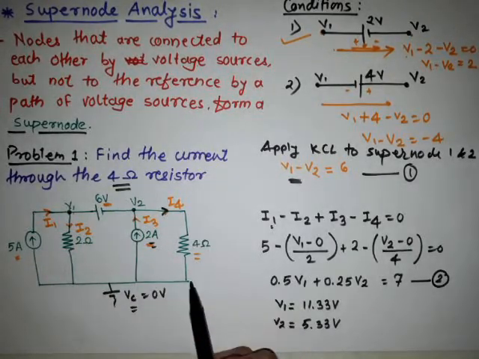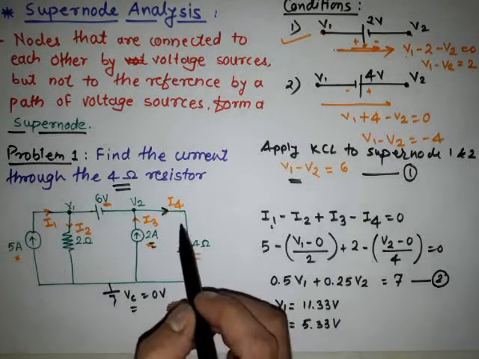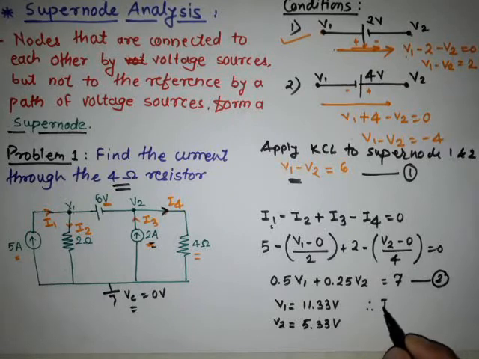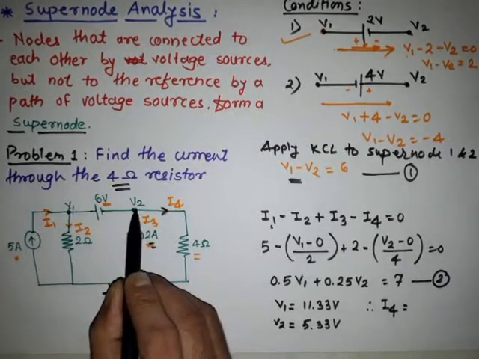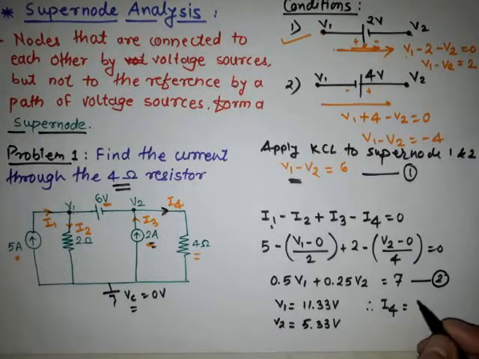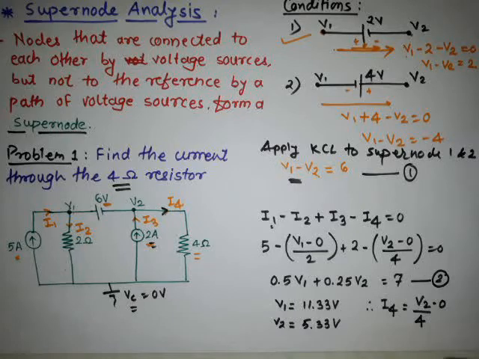That means current through 4 ohm resistor, and here we have considered the current through 4 ohm resistor is I4. So therefore current through a 4 ohm resistor is equal to, simply, initial voltage minus final voltage divided by the resistance, or simply V2 divided by 4, or simply V2 minus 0, because 0 is the reference voltage.